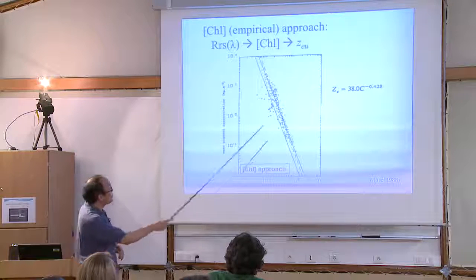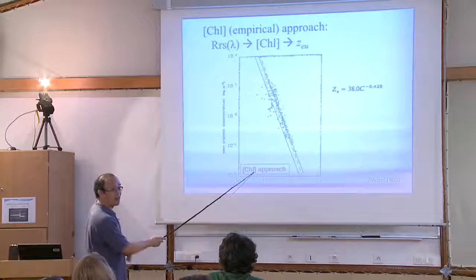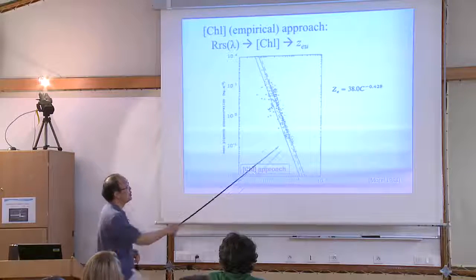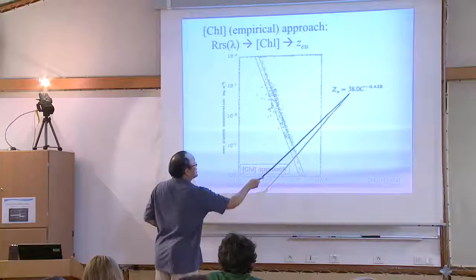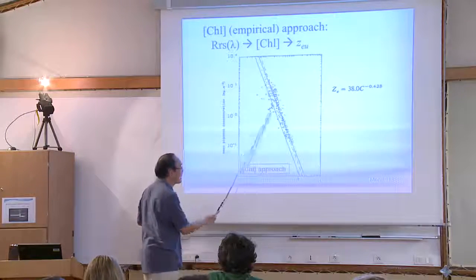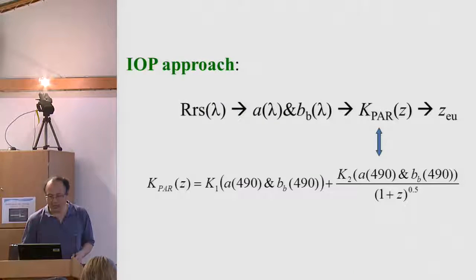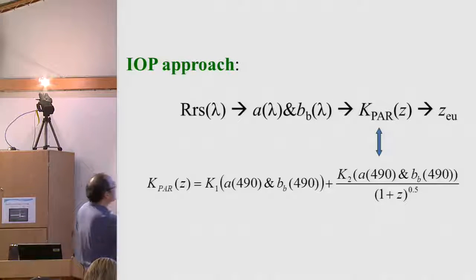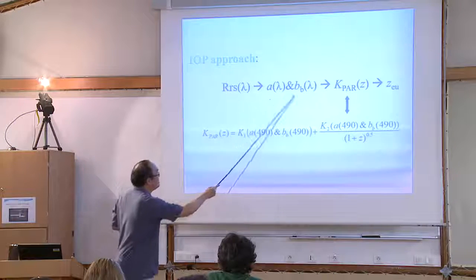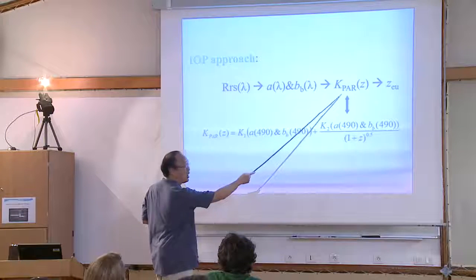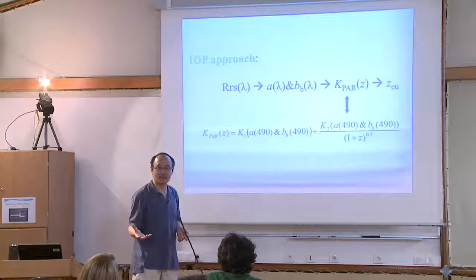Historically, euphotic depth can be estimated using chlorophyll values, basically the chlorophyll approach. Using chlorophyll, you put in this regression number, so you can get an estimation of the euphotic zone depth. Now with IOPs, we can do the same, but with an analytical solution instead of regressions. From remote sensing reflectance, we can get a and bb. From a and bb, we can calculate how K par changes with depth, right?